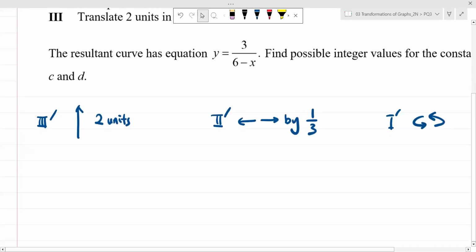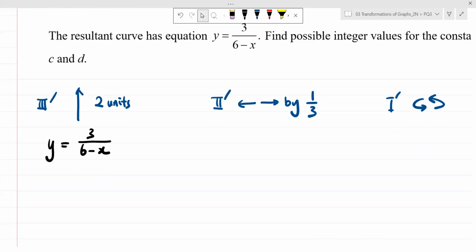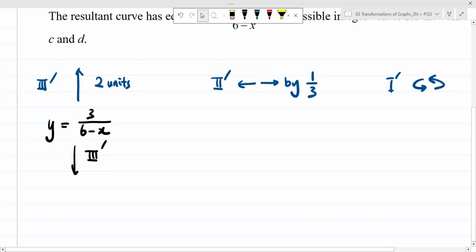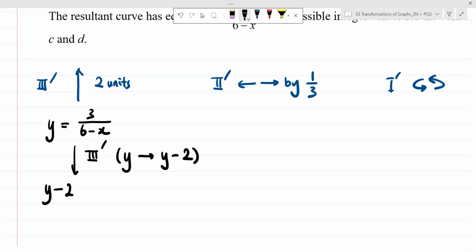We start from here. We go through 3' first. 3' is a replacement of y with y minus 2. So let's do precisely that.